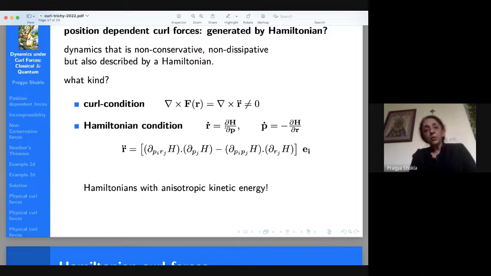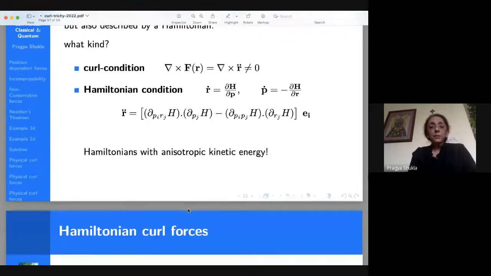If you combine these 2 conditions, what comes out is non-zero.